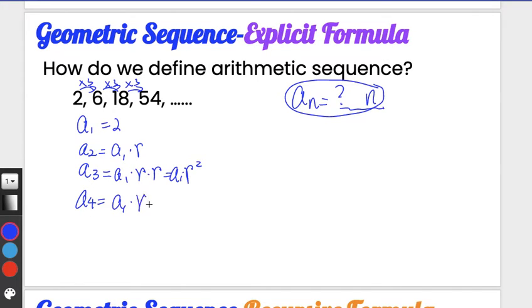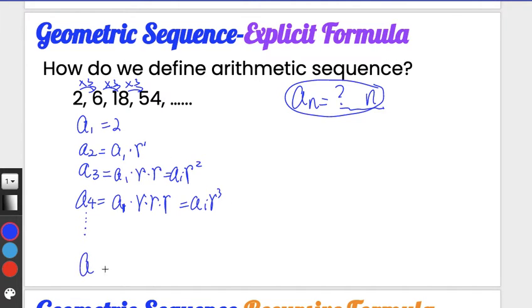When I multiply the ratio once, I get the second term; one more, I get the third term. So in order to get the fourth term, I need to multiply the common ratio 3 times. If you notice that, just pay attention to the exponents of the common ratio.